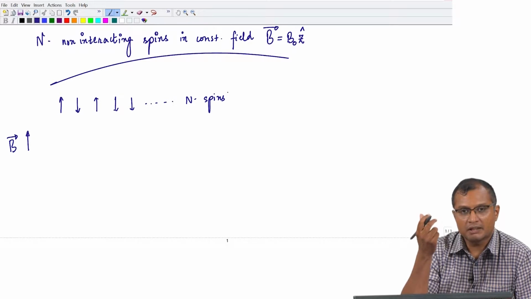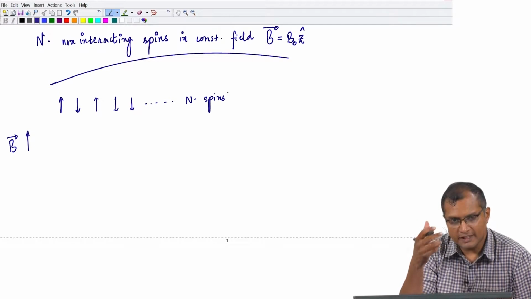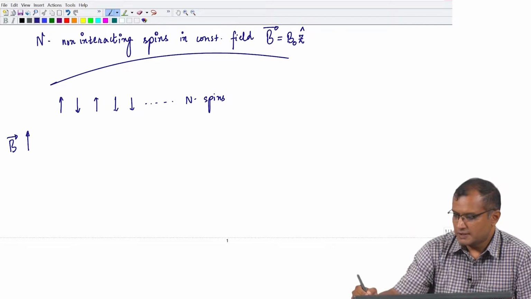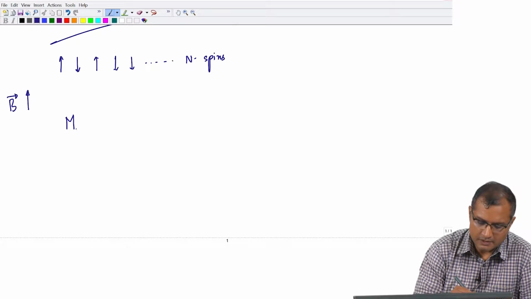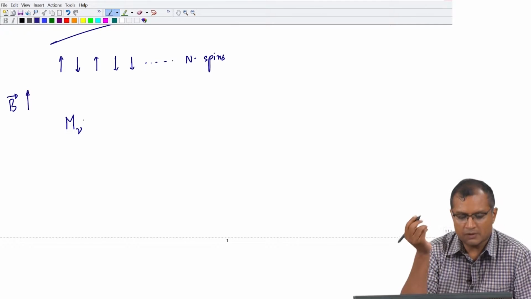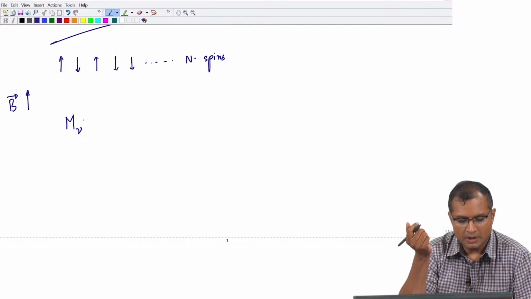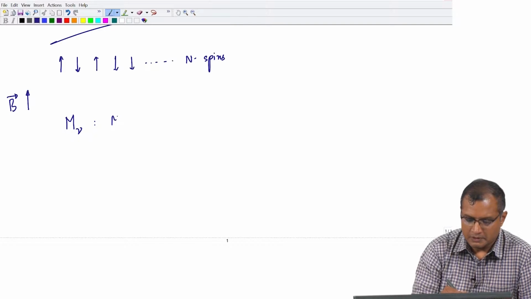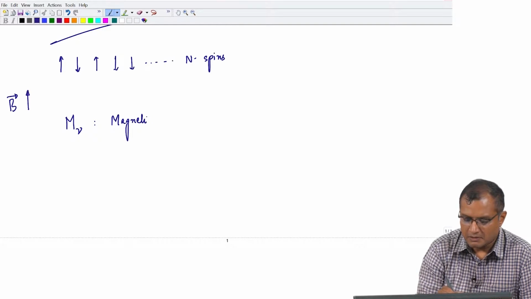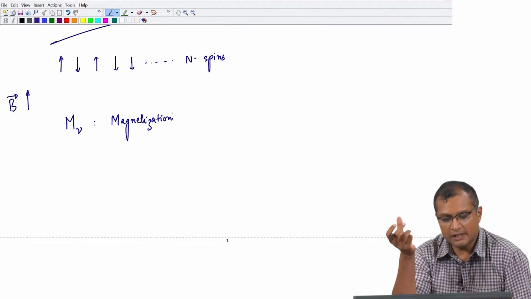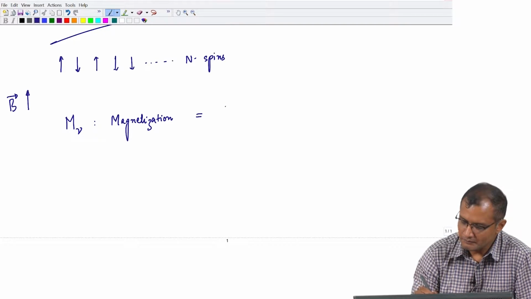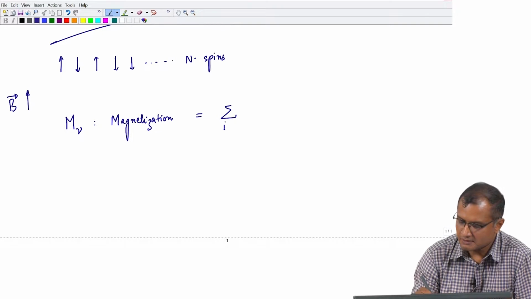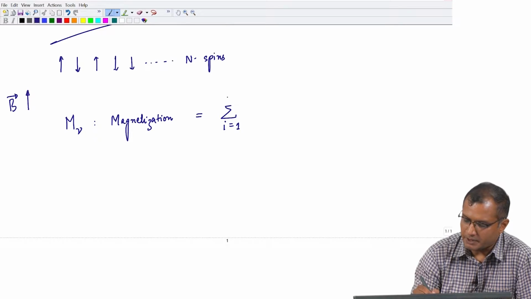for this system we can compute the magnetization of any given realization, okay, as I am going to say that let us take a microstate nu, okay, and if you want to write down the magnetization under constant temperature and constant field, this is nothing but just summation over all these spins, the individual magnetic moment.